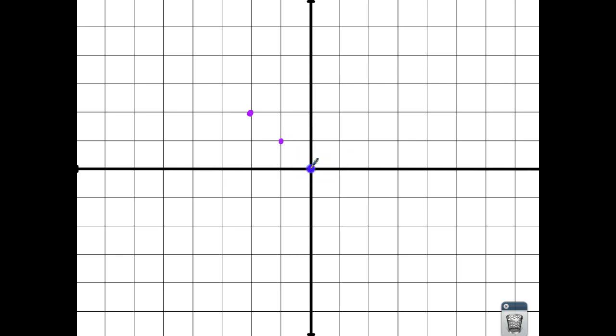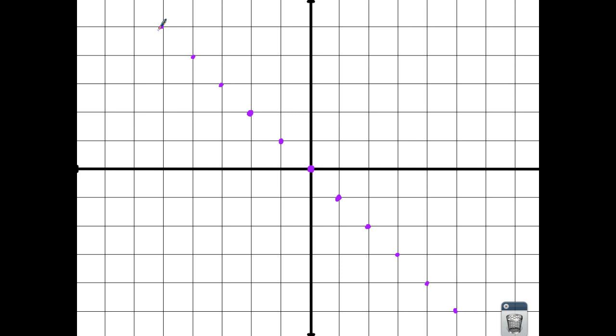The origin 0, 0. We're going to have 1, -1, 2, -2, and I think you can see the pattern. 3, -3, all the way down, and all the way up.